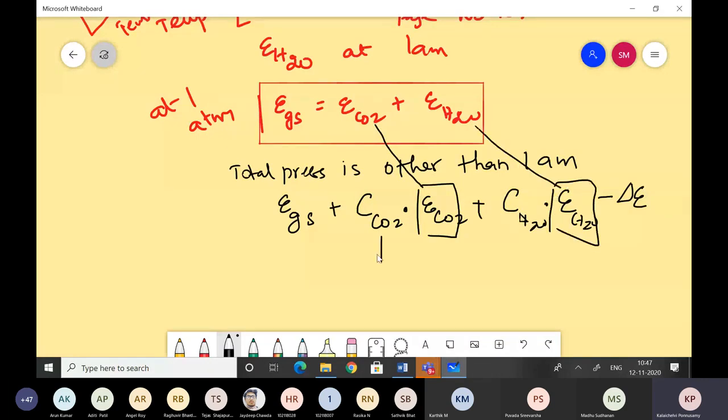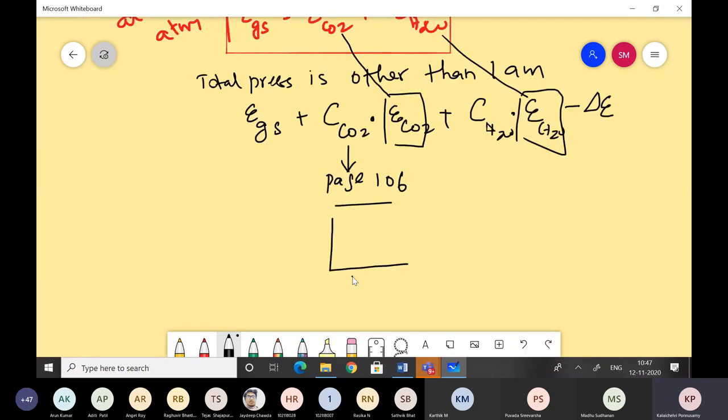Now we'll see how to get the correction factor for CO2. It is available on page number 106. The chart has the total pressure in atmospheres on the x-axis and the correction factor on the y-axis, and different lines correspond to the partial pressure of CO2 multiplied by the mean beam length, in atmosphere-meters.